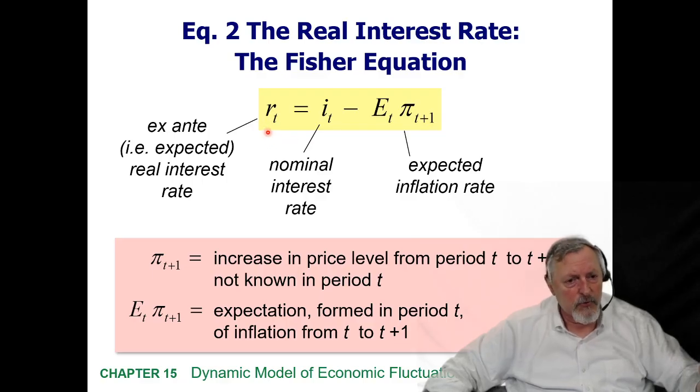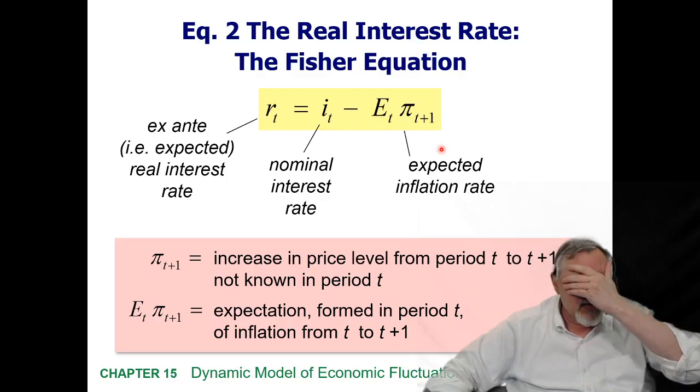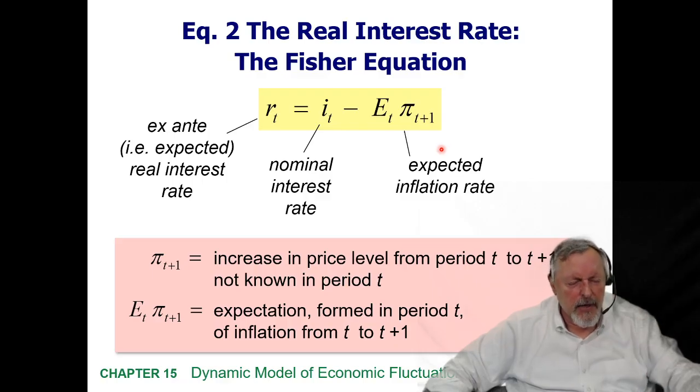So it says the real interest rate today is equal to the nominal interest rate today minus expected inflation today. So this is the nominal rate. From it, you subtract the expected inflation rate, what people today believe the inflation rate will be tomorrow. That gives you today's real rate.